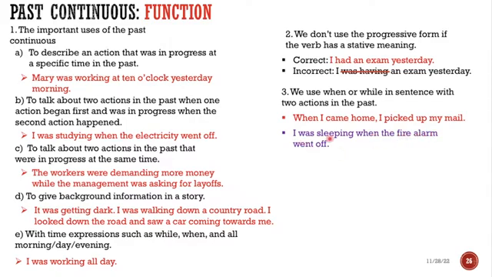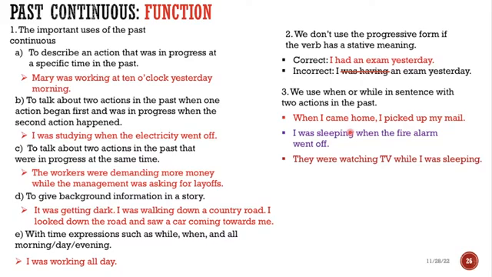I mean, "I was sleeping" is the main clause or independent clause. And starting from when, "when the fire alarm went off" is the dependent clause or subordinate clause. We call both sentences complex sentences.